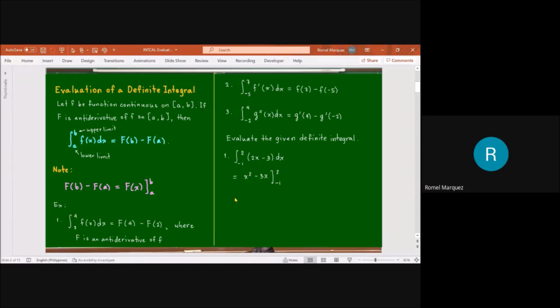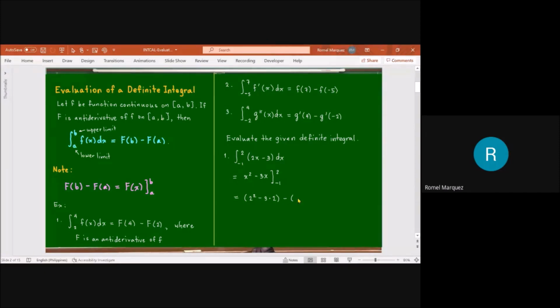So this is equal to, so how do we evaluate this notation? The value of x squared minus 3x when x is 2. So that is 2 squared minus 3 times 2. Then minus the value of x squared minus 3x when x is negative 1.